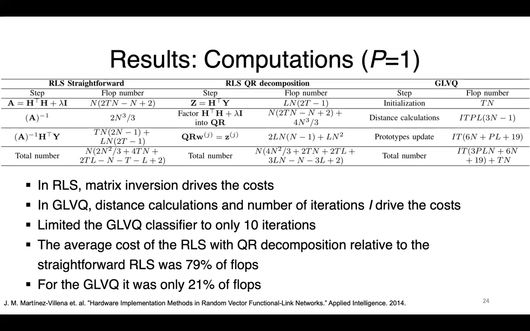This was also mentioned in Valena et al.'s survey. And then meanwhile, the GLVQ classifier had only 21% of the computational cost of the straightforward RLS and achieved the same accuracy. Thus, GLVQ-RVFL can provide a more cost-effective method for training the readout connections in an RVFL network than RLS.